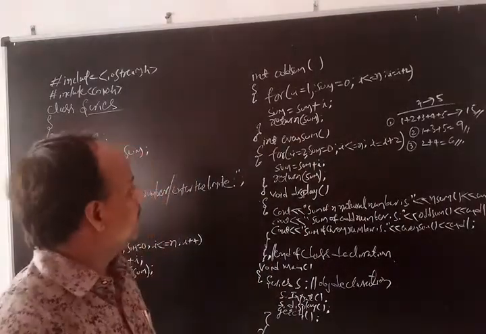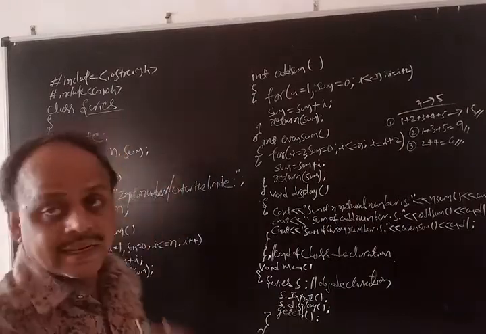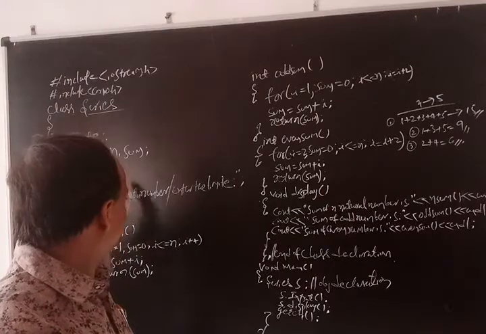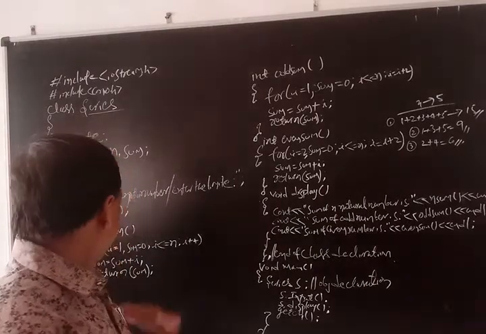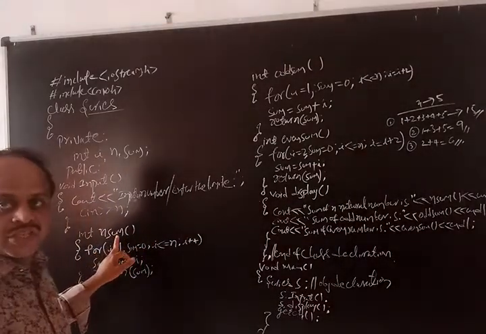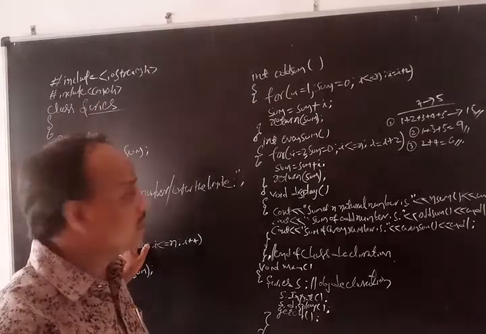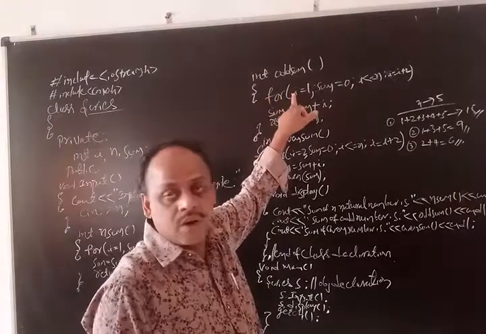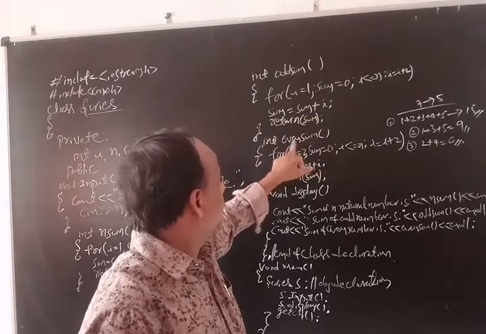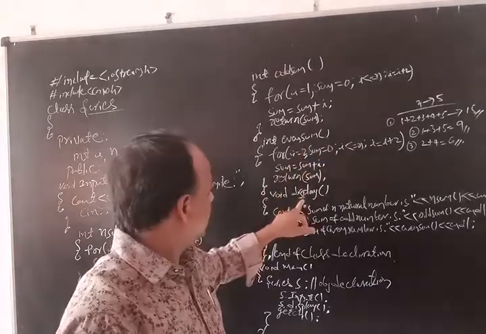Let us see here what happens. I considered a class called series with data members and 4 member functions: the n sum function for the sum of natural numbers, the odd sum function for the sum of odd numbers, the even sum function for the sum of even numbers, and one display function.